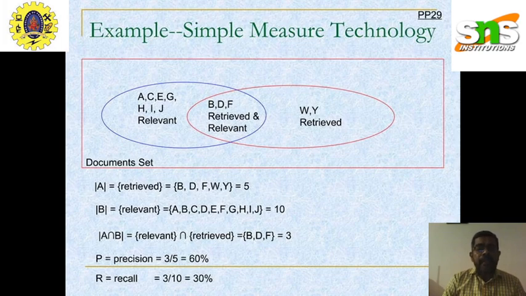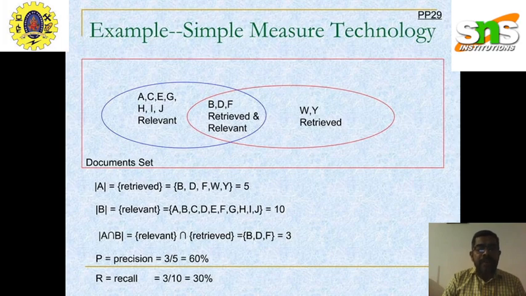In the retrieved set we have total components B, D, F and W, Y. When we intersect, going with the common space of A intersection B, we have three components, B, D, F. So the precision comes as 3 divided by mod of A. Here mod of A has a total of 5 set elements. So 3 divided by 5 is 60% accuracy in the relevant and retrieval component.